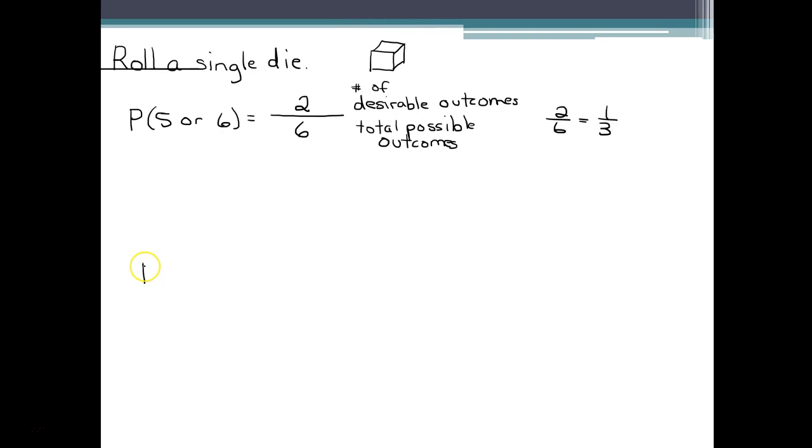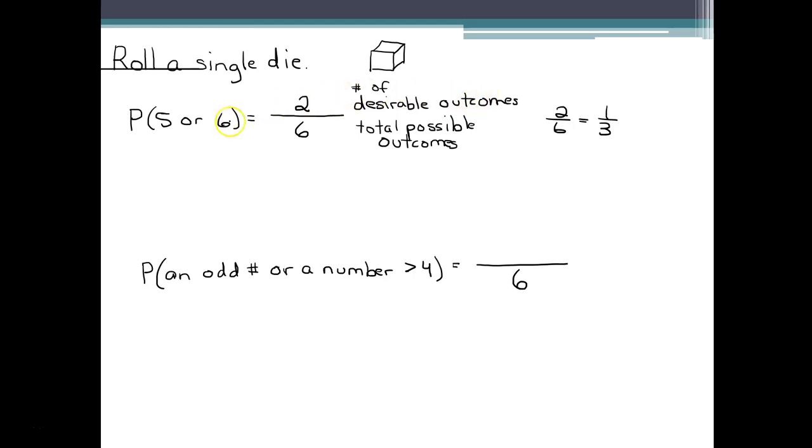Okay, let's say we have probability of rolling an odd number or a number greater than 4. Okay, again, there's 6 total possible outcomes when you roll that die one time, because there's 6 sides it can land on, and every side's equally likely to come up.